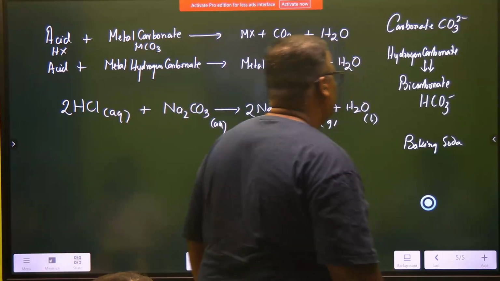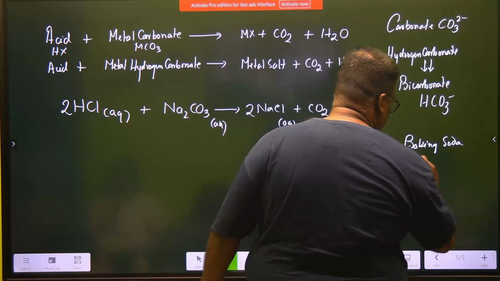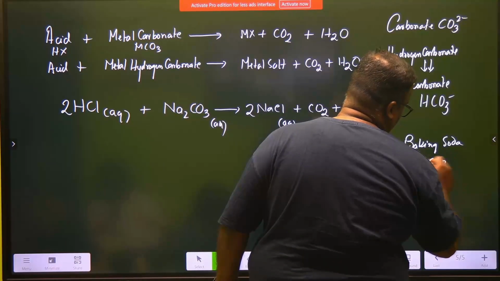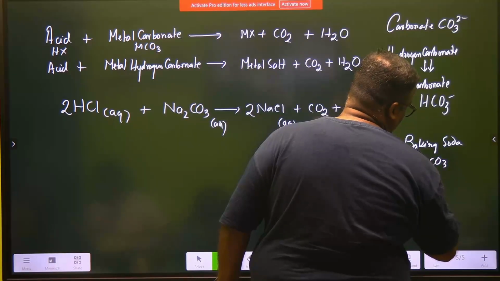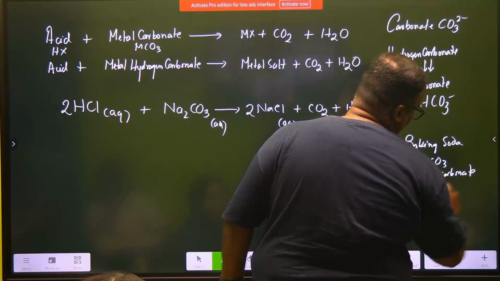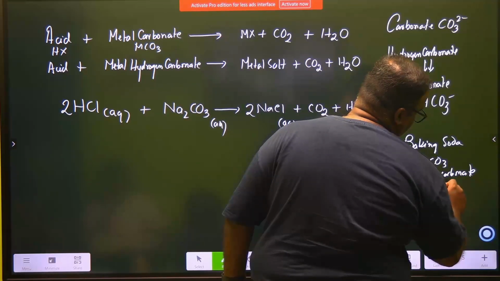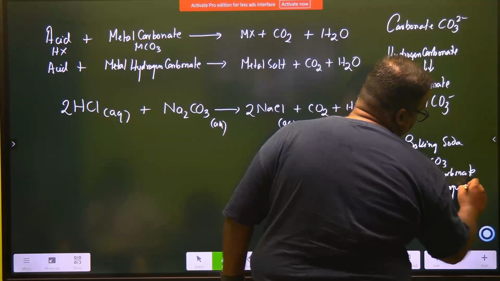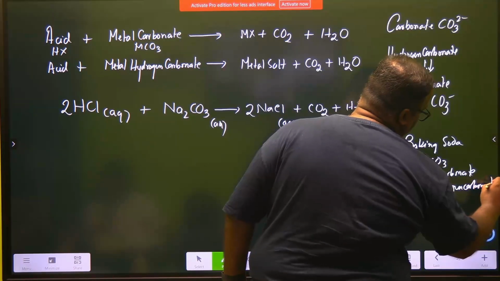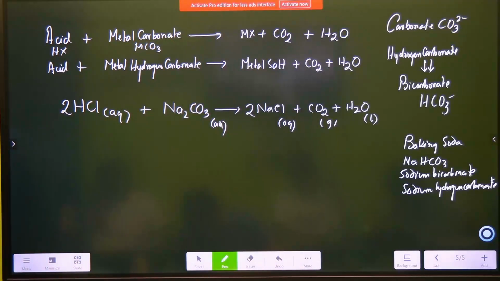Baking soda is also known as NaHCO3, also known as sodium bicarbonate, also known as sodium hydrogen carbonate. Be very clear with these things. Baking soda is not sodium carbonate, it is sodium hydrogen carbonate. Baking is B, bicarbonate is B.